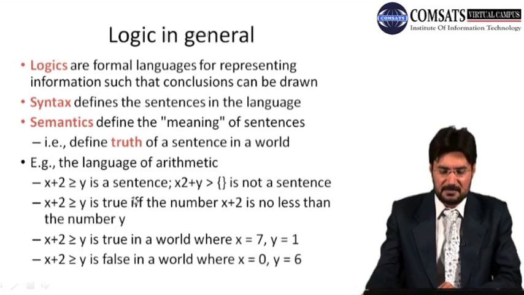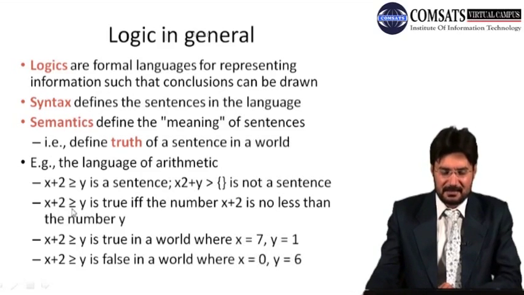So ये हमारे पास एक सेंटेंस है जो हमें बताता है कि x+2 is greater than or equal to y. But x+2 plus y is greater than empty set is not a sentence. So ये हमारे पास कोई सेंटेंस नहीं हो सकता, इसका हम कोई मीनिंग नहीं निकाल सकते.